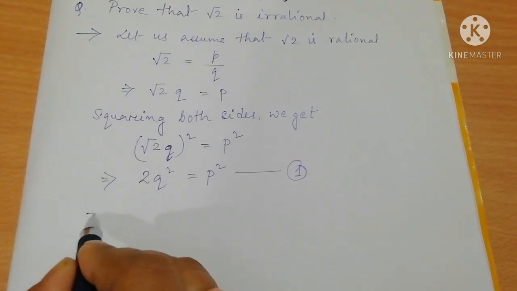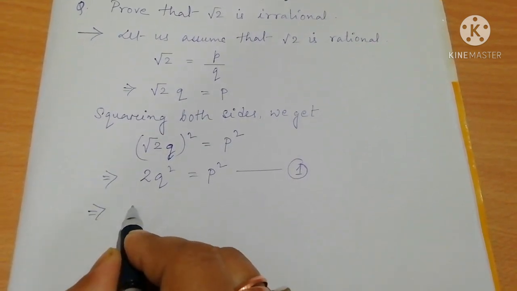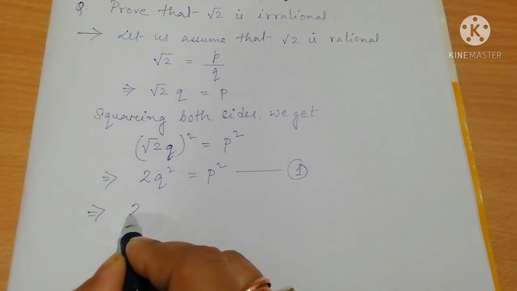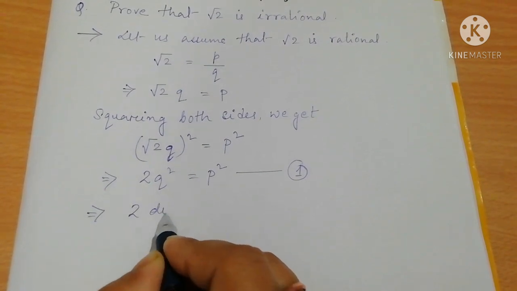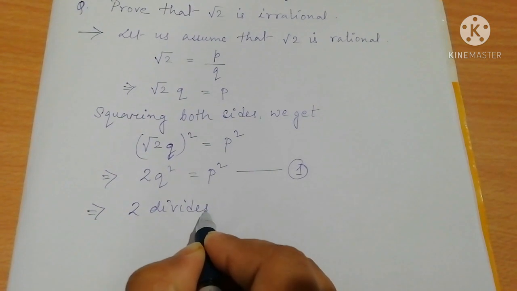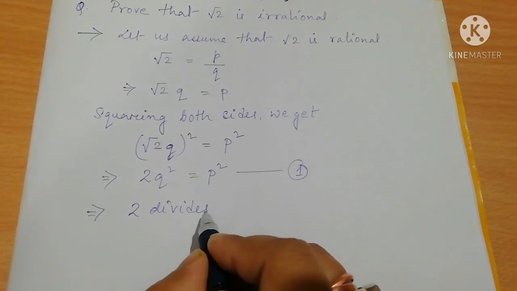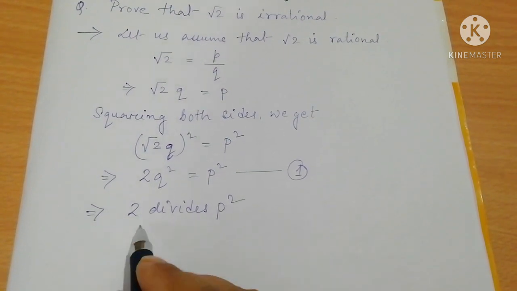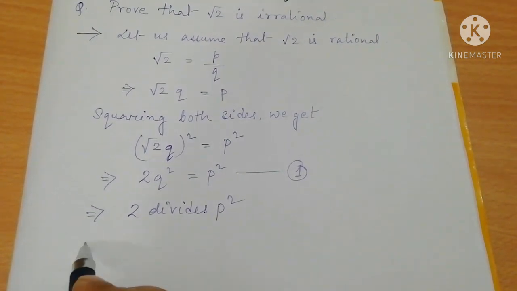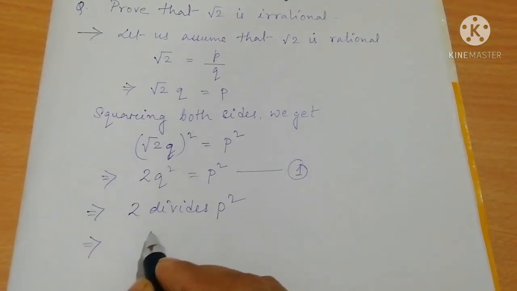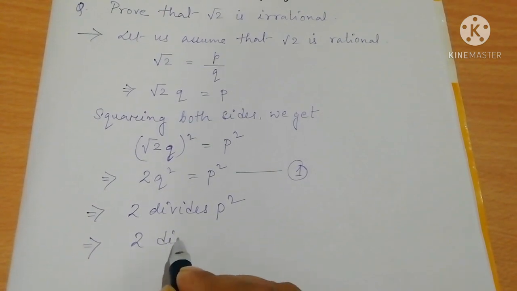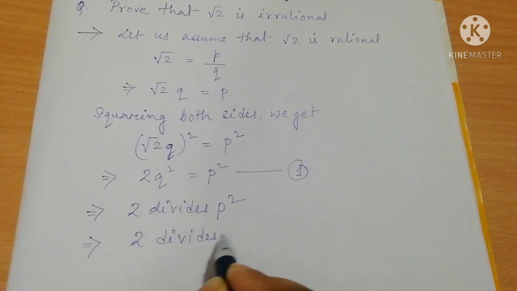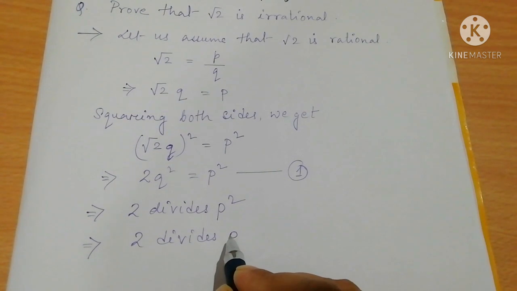Which means that 2 divides p square. So if 2 divides p square, we can write 2 divides p.